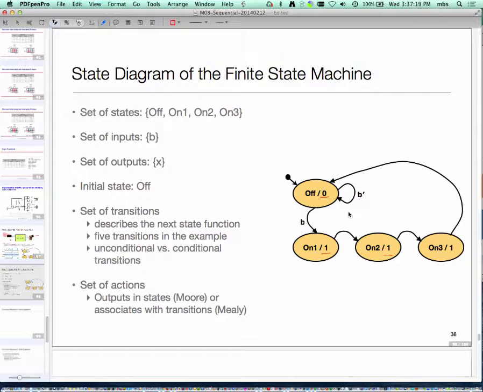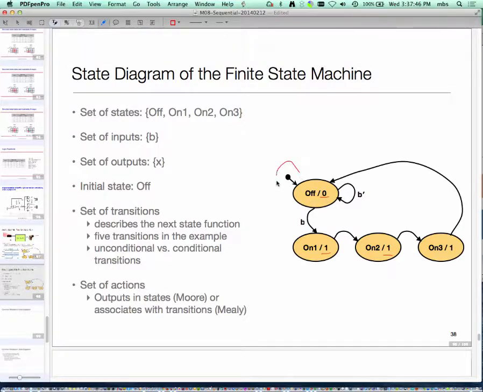Okay. Any other questions? Can you explain again the other input in the off state? Oh, okay. If I'm in the off state and the button is pressed, I go to on 1. No, I mean there is another single input on the left side of the state.